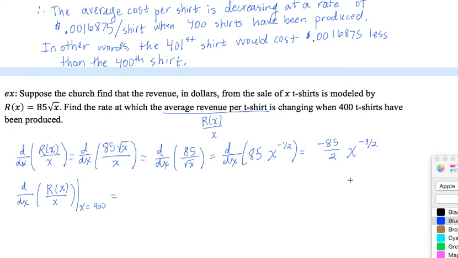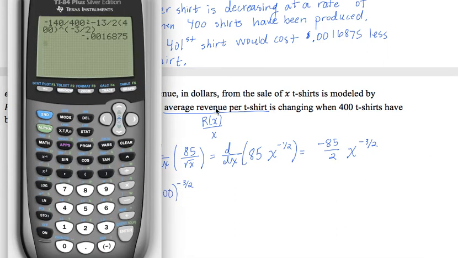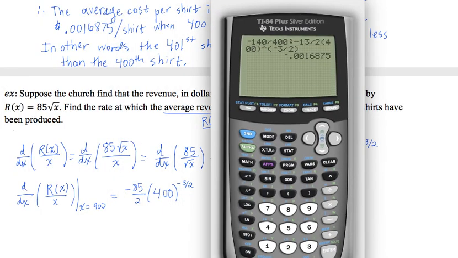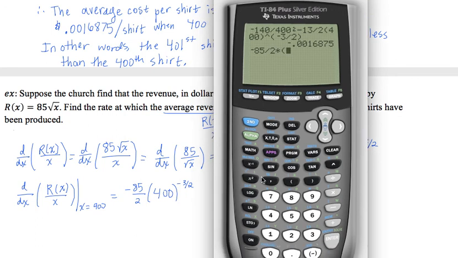So, negative 85 over 2 times 400 to the power of negative 3/2.